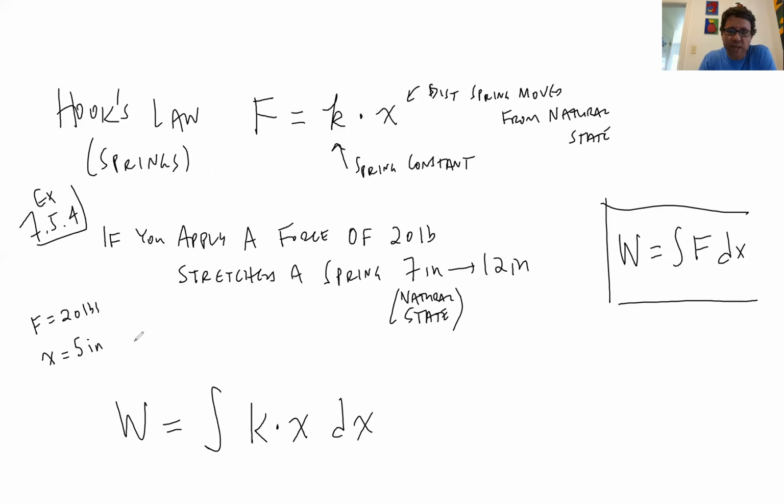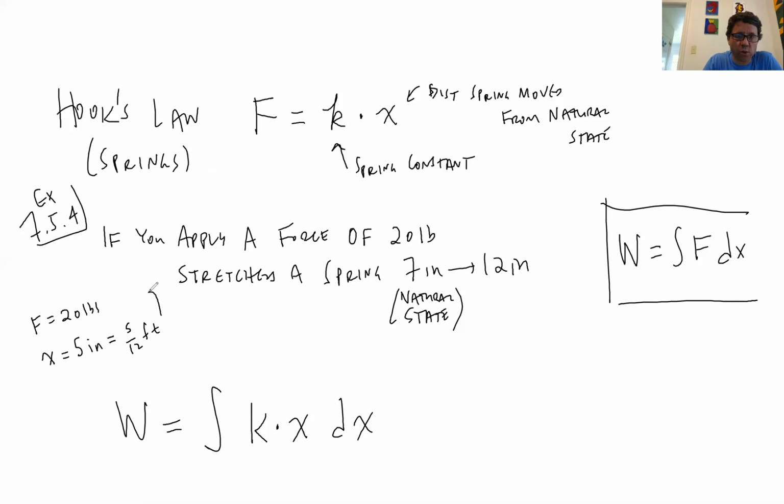We need this in units we're used to, and inches is not that. We're talking about foot-pounds, not inch-pounds, so we first need to convert inches into feet, which is pretty easy. It's just 5/12 of a foot.